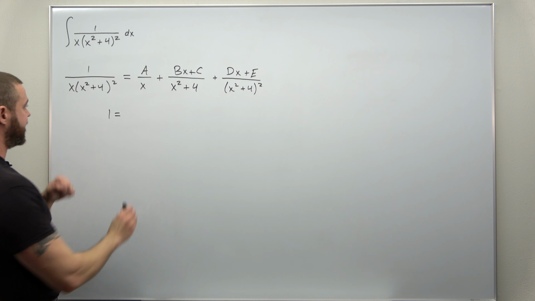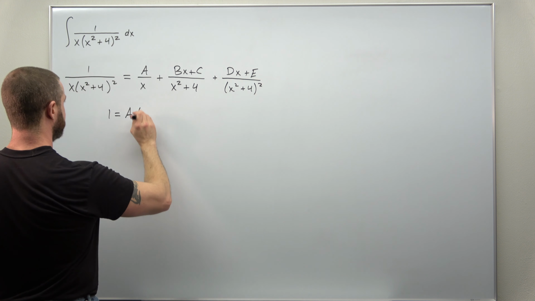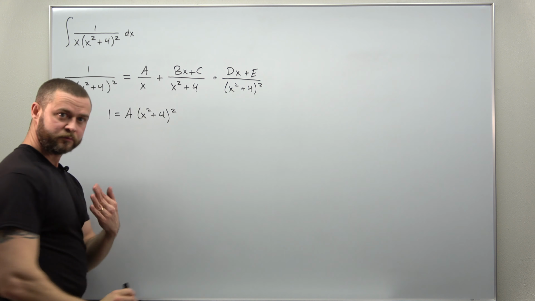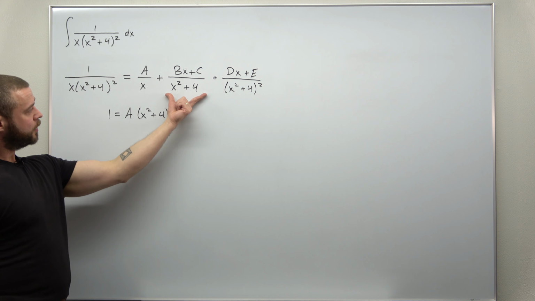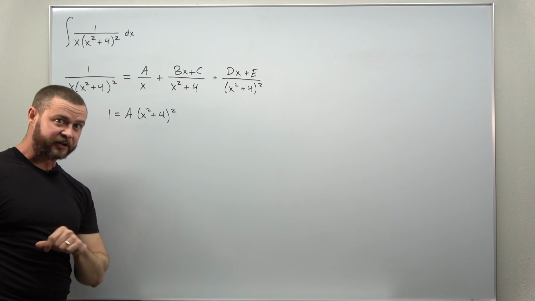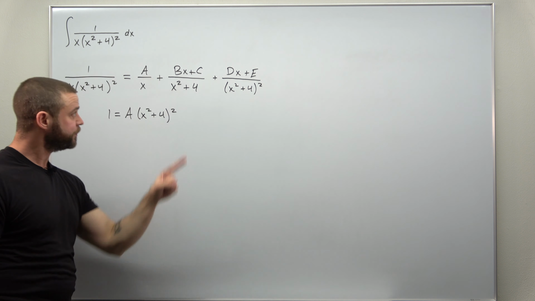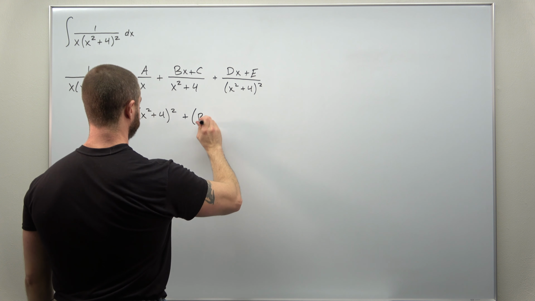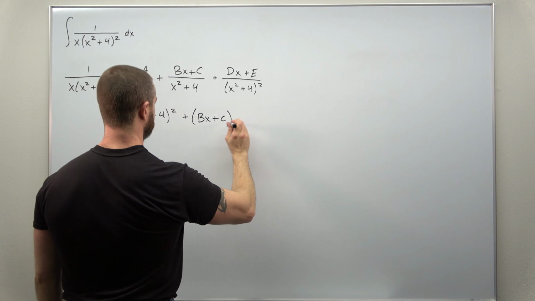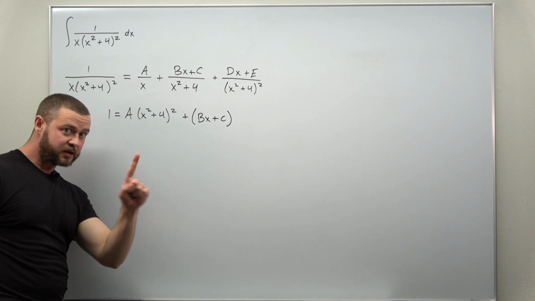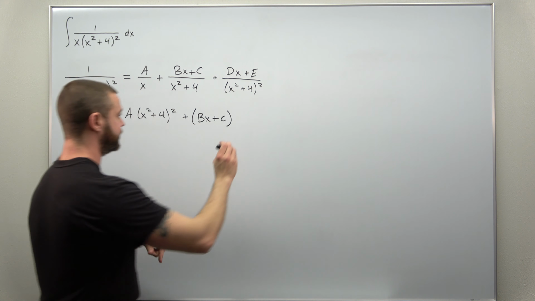Here, your factor of x cancels, leaving you with A times (x squared plus 4) squared. Go to your middle partial fraction. One factor of x squared plus 4 cancels, leaving you with Bx plus C, and then times the remaining factor of x and the remaining factor of x squared plus 4.